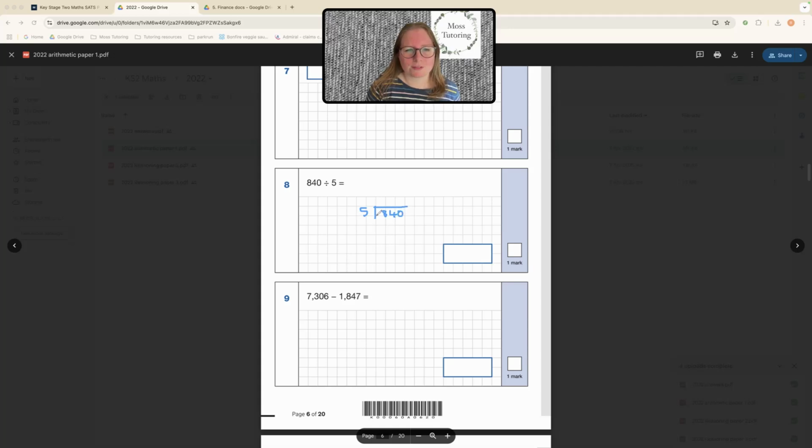So 5 into 8 goes once with 3 left over. 5 into 34 goes 6 times with 4 left over. And 5 into 40 goes 8 times, making my answer 168. So I make sure I write that in this box to make sure that I'm given that 1 mark. Well done if you got that one.